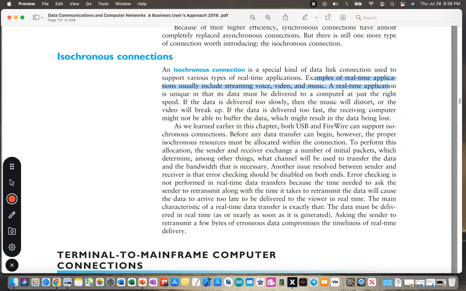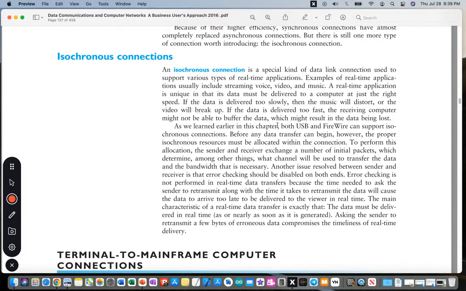A real-time application is unique in that its data must be delivered to a computer at just the right speed. If the data is delivered too slowly, then the music will distort, or the video will break up. If the data is delivered too fast, the receiving computer might not be able to buffer the data, which might result in data being lost.